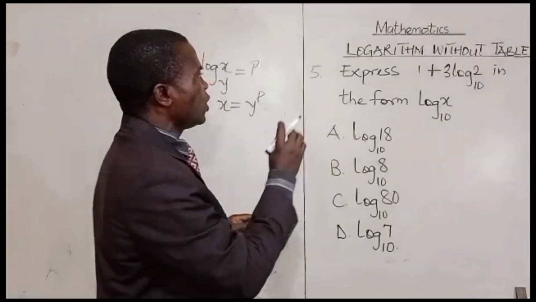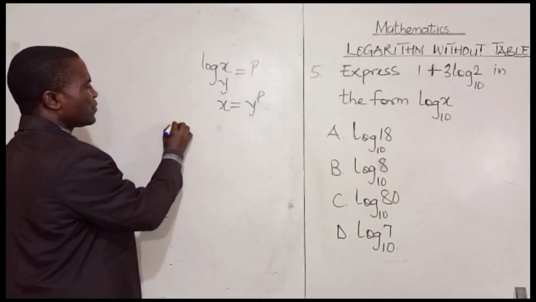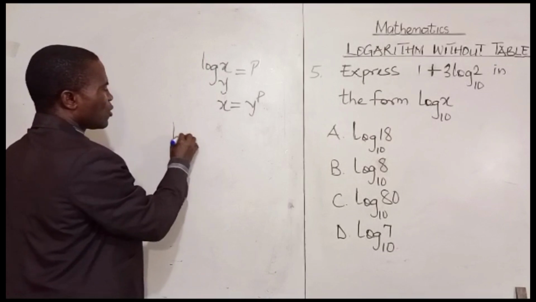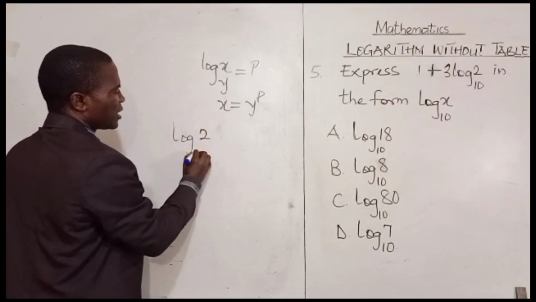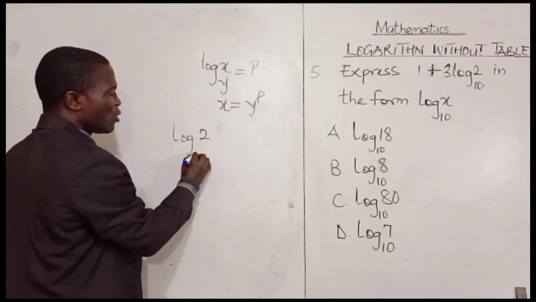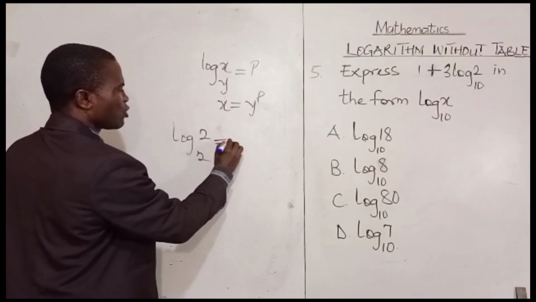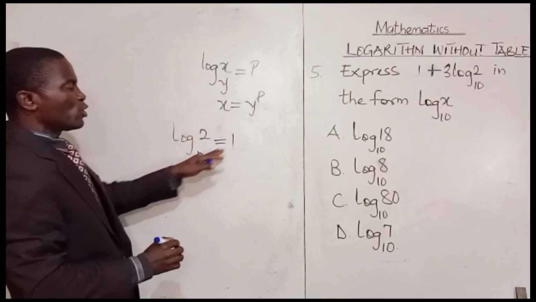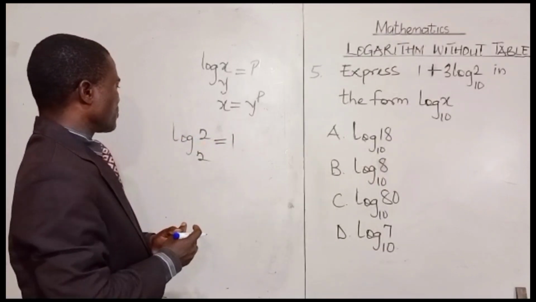What does the equal law say? Equal law says that when you have the logarithm of a number like 2 having the same base, equal base, it is going to be equal to 1. The value of this is going to give us 1. This is the equal law in logarithm.